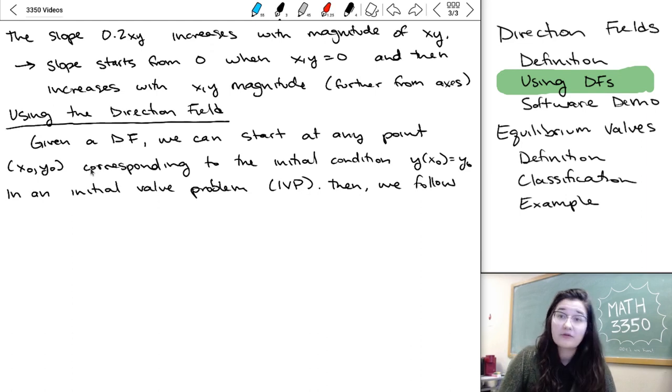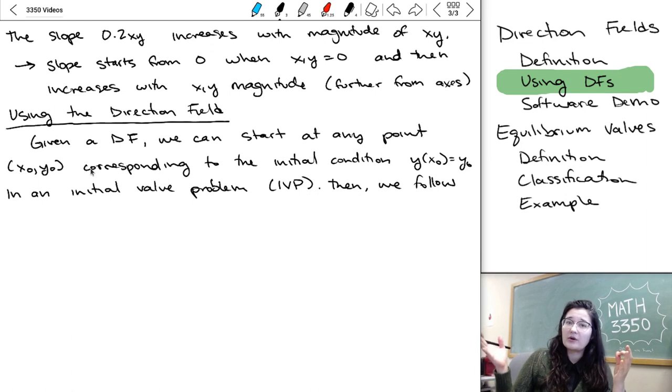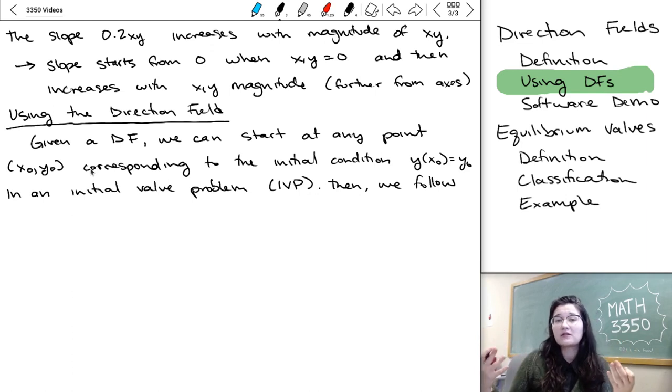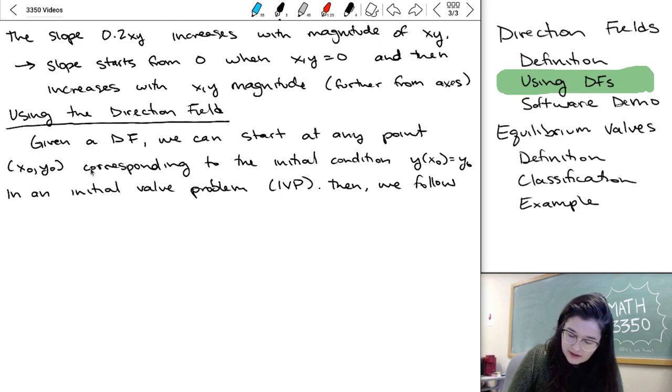Then, once we start from that point that belongs to the initial value problem, and the arrows show us the slope that gives the differential equation, we're just going to follow the arrows.